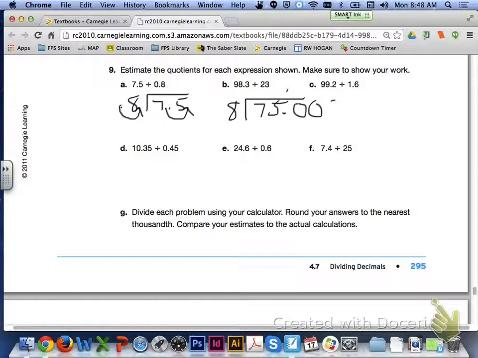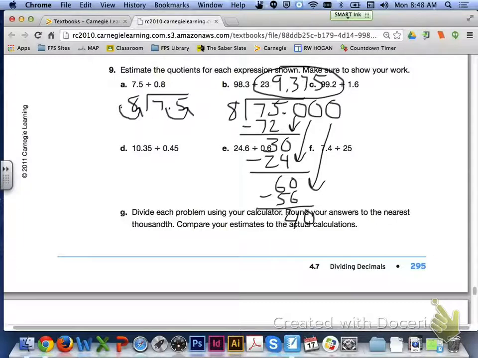I'm going to add 3 zeros because it tells me to round my answers to the nearest thousandth, and I'm going to go ahead and carry out my division. You can see 8 goes into 75 9 times. When I subtract, I get 3. I bring down my 0. 8 goes into 30 3 times.